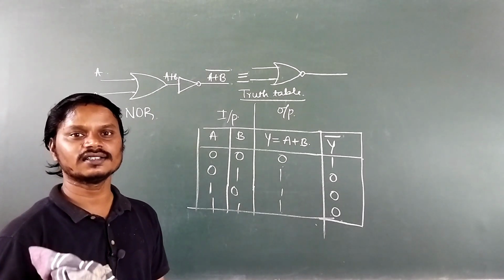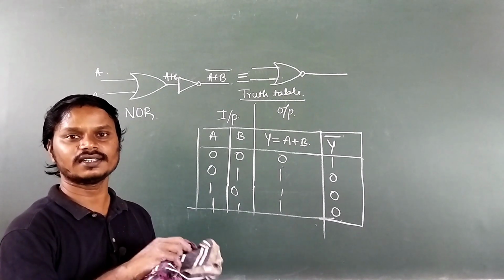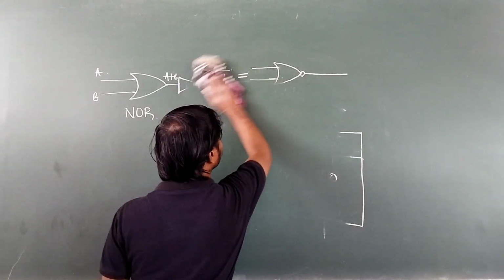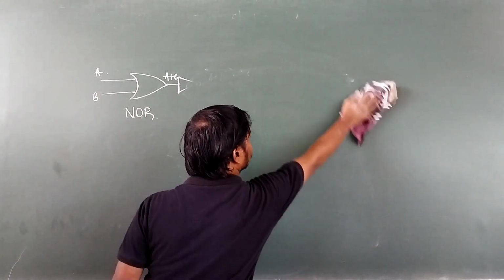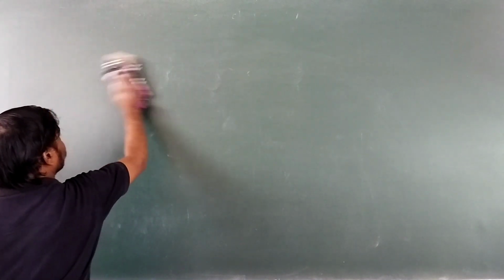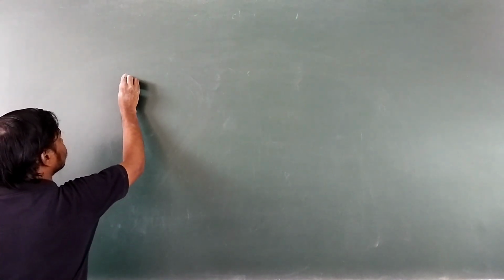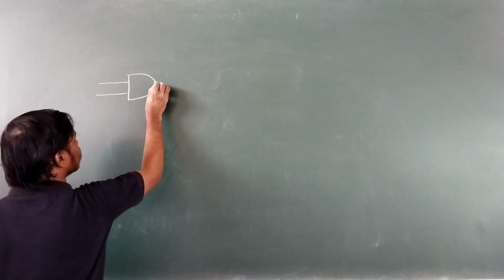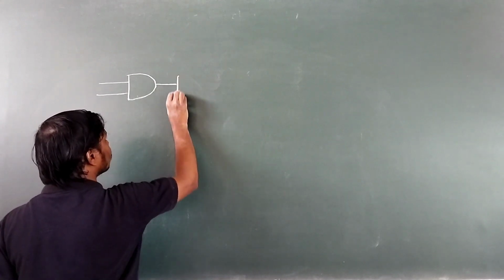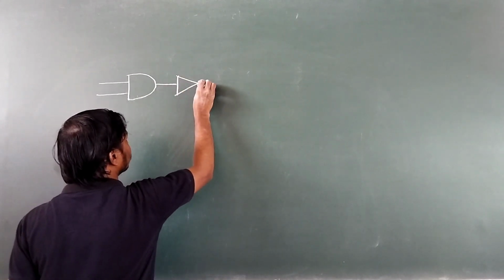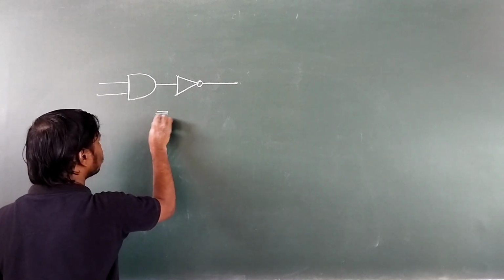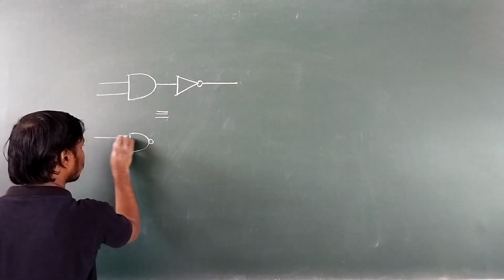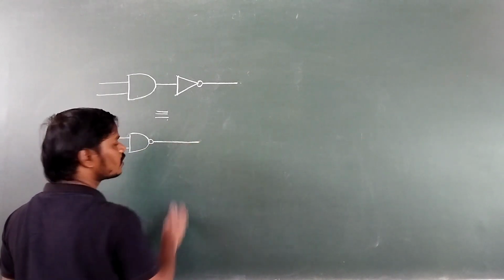Now next one, NAND gate. What is NAND gate? If the NOT gate is connected to AND gate, then it becomes NAND gate. Then the equivalent symbol.